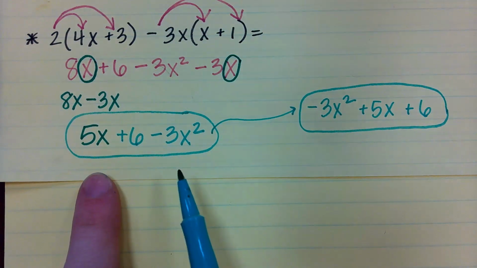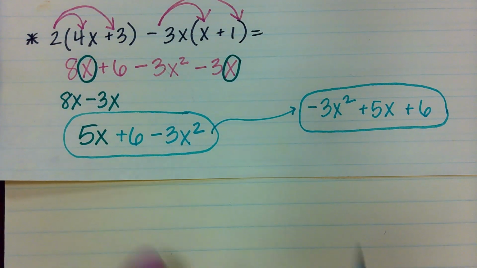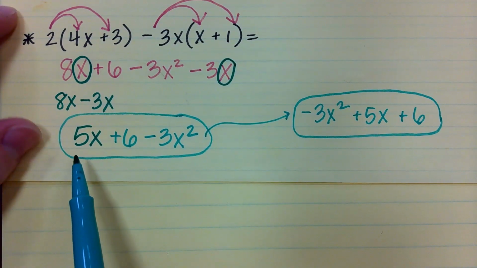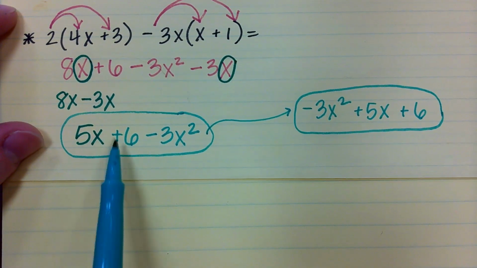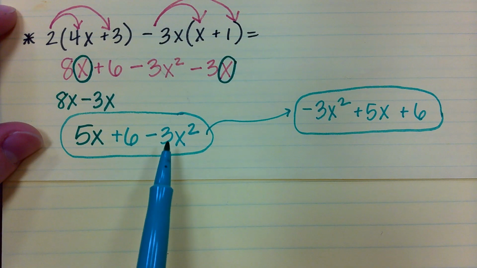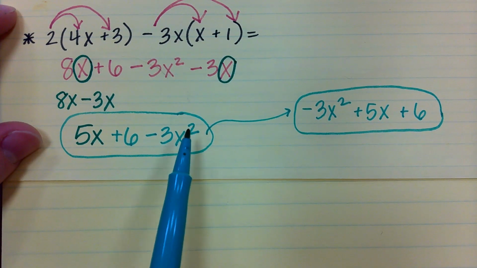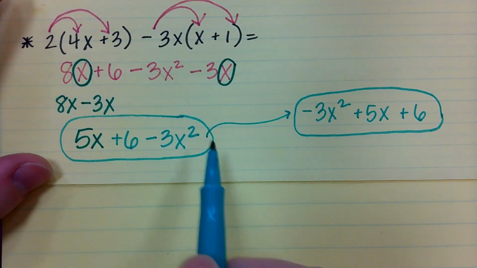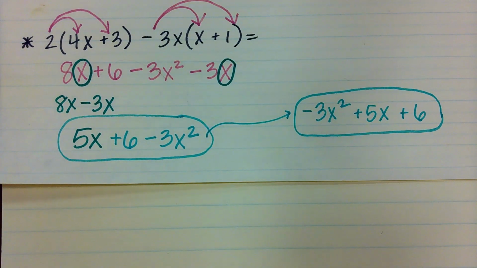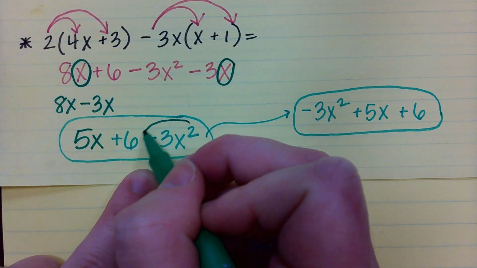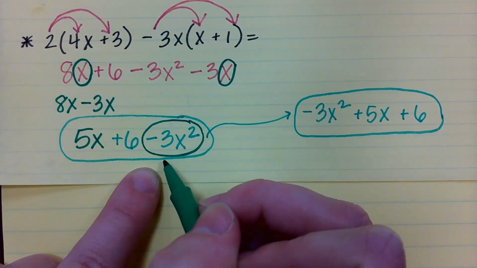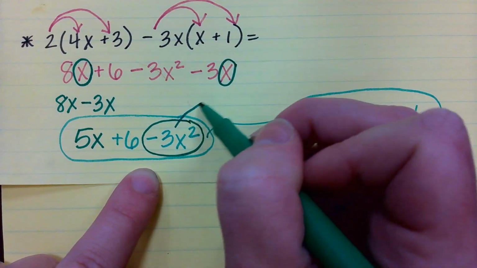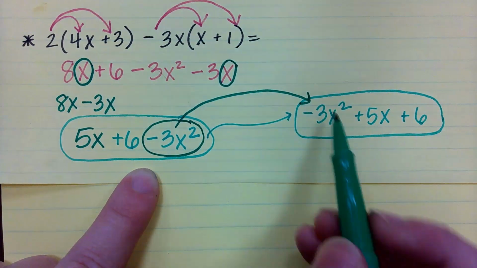Can you explain it again? Okay, so if you are curious, I'm going to re-explain it. We got our answer here. We got 5x plus 6 minus 3x squared. So what I did here is I just rearranged my answer and I put my term with the biggest exponent first. So negative 3x squared went here.